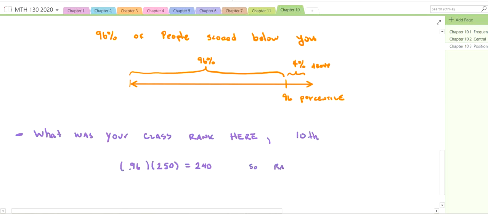So the rank equals 250 minus 240 equals 10.